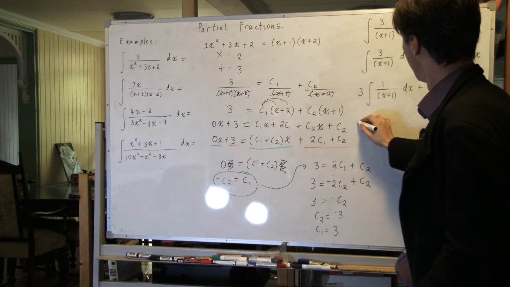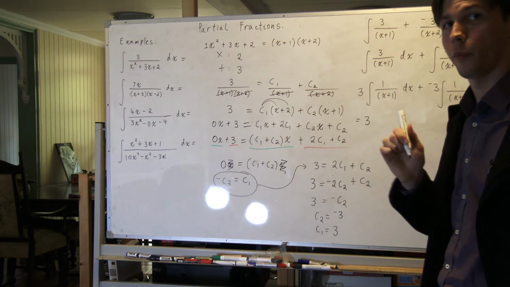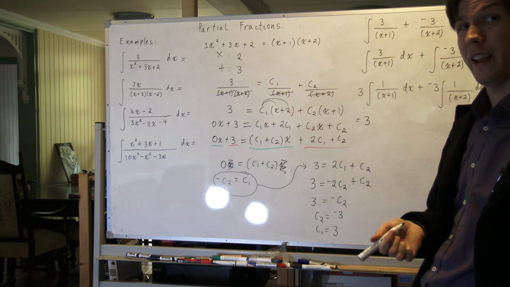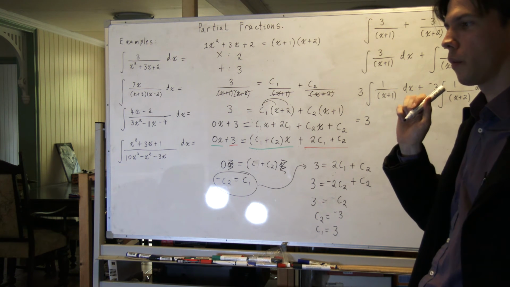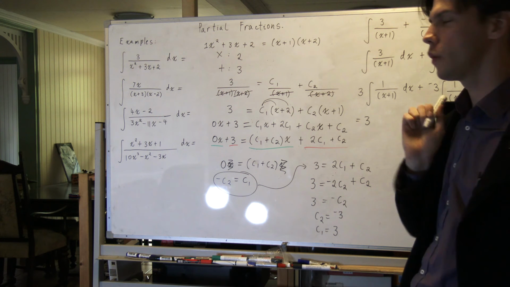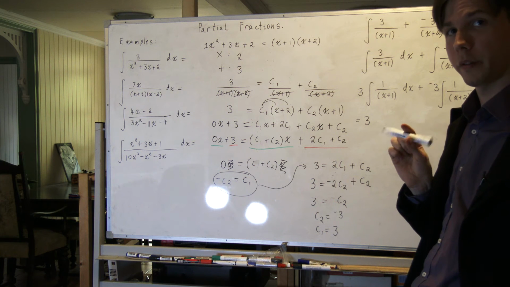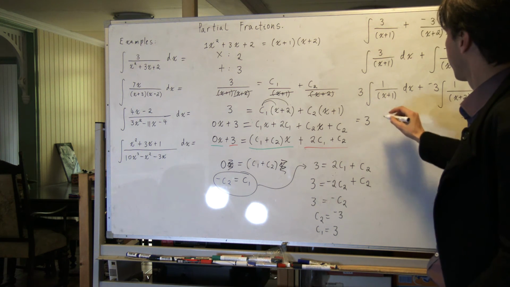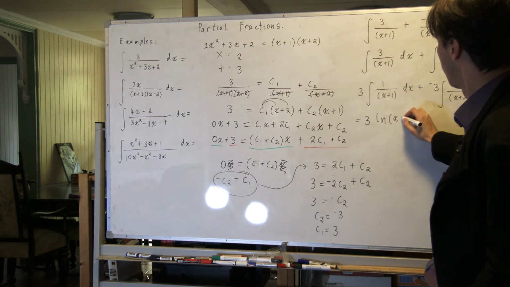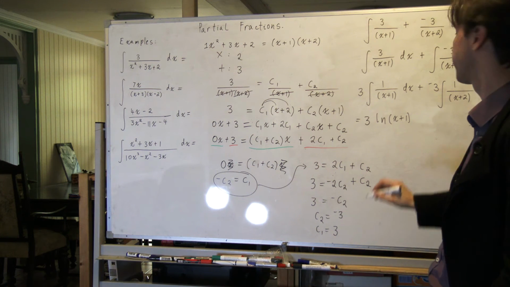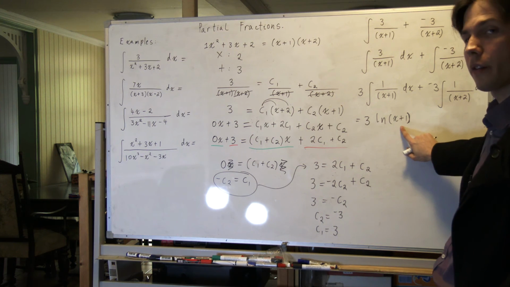And we know that the integral of 1 over x is ln x. We haven't got 1 over x, we've got 1 over x plus 1. So we just do the same thing that we were doing in the u substitution. That is, we recognize that we take the integral as if it were x, and then just divide by the derivative of the inside of the bracket.